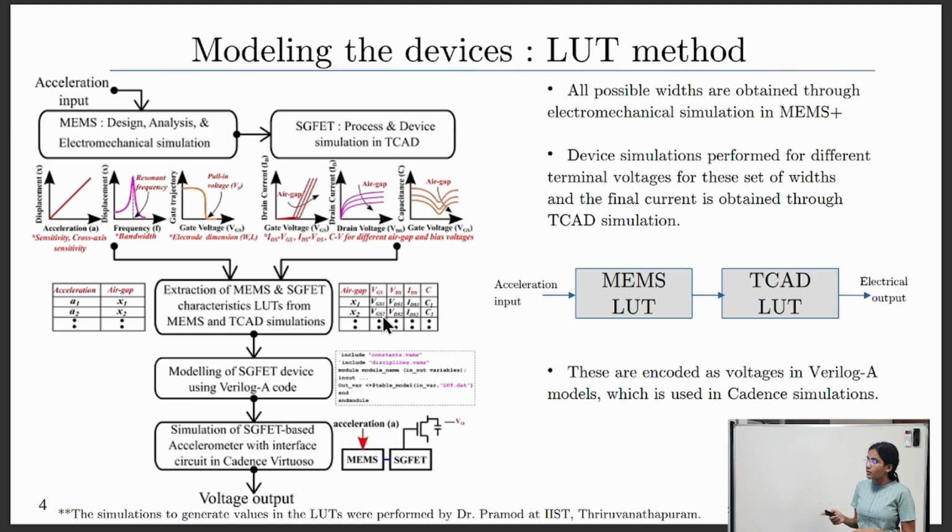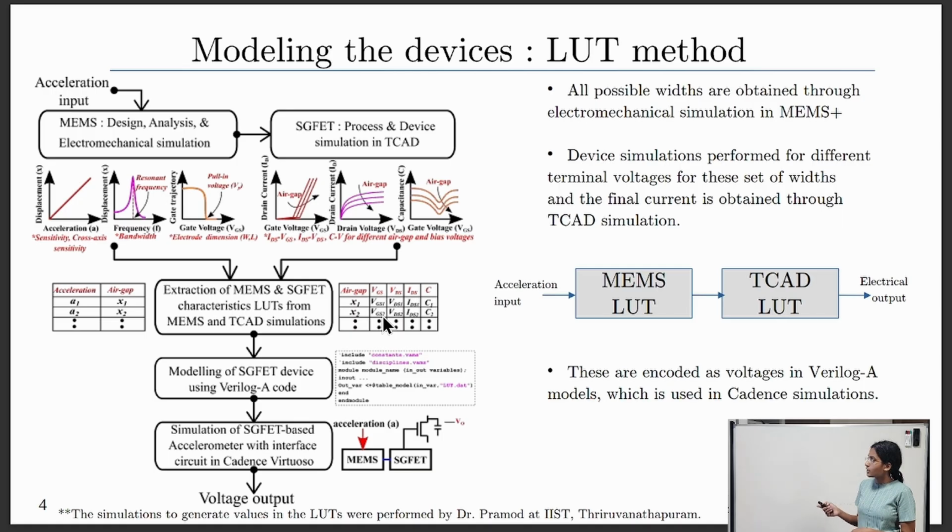We have written a Verilog-A code which will read these lookup tables, and all the values including the width are encoded as voltages. The simulations needed to generate these lookup tables were done by Dr. Pramod from IIST under the guidance of Professor Sina, and we have used these values.